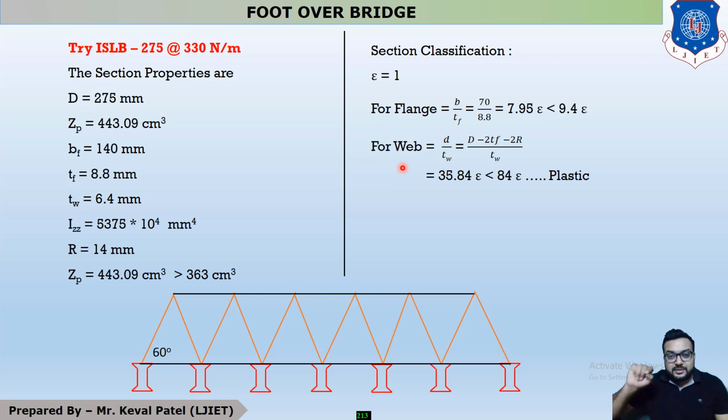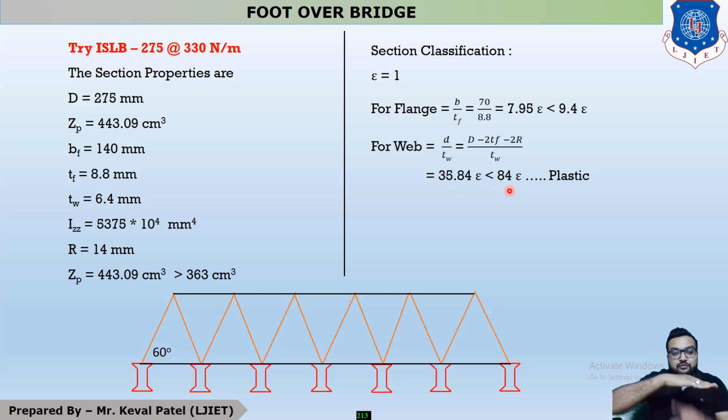For this section, the equation is d by tw. What is small d? Small d is the depth of web portion. The equation of depth of web portion is capital D minus 2tf minus 2r. After putting all these values, we will get the answer 35.84 epsilon, and this value is also less than 84 epsilon.